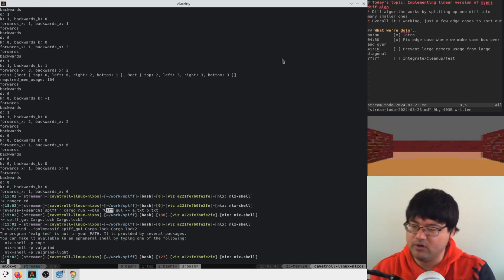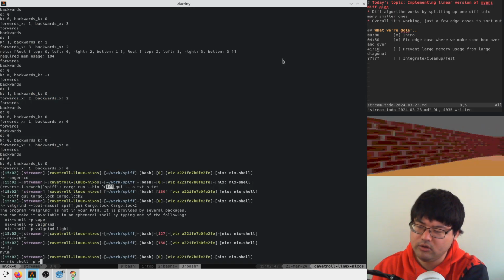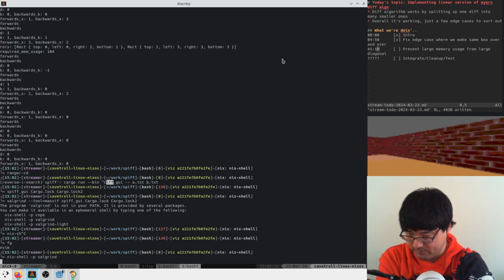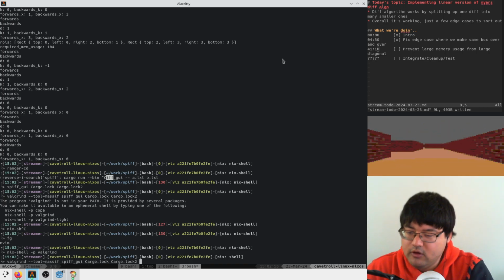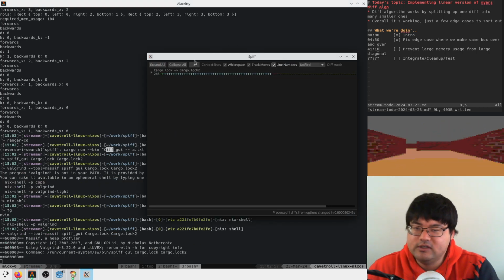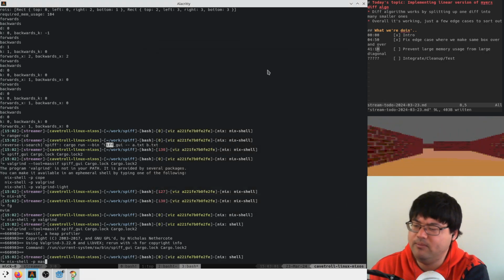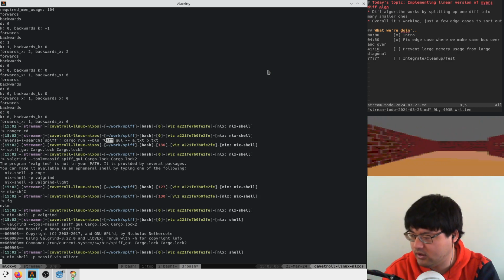I just want to see the memory usage over time. I want to see with the old version, how much memory did we use? And with the new version, how much memory do we use? Is it significantly better? So let's diff these two, and I think we need massif visualizer. I think that's the one.